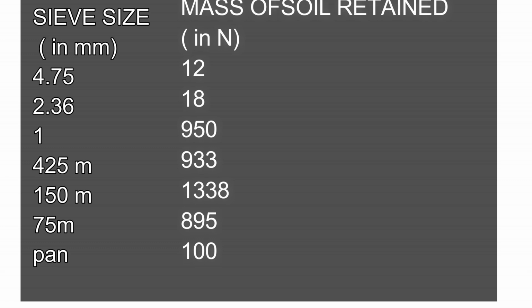For 1 mm sieve, 950 Newton. For 425 micron, 933 Newton. For 150 micron, 1338 Newton. For 75 micron, 895 Newton, and the weight retained on the pan is 100 Newton.